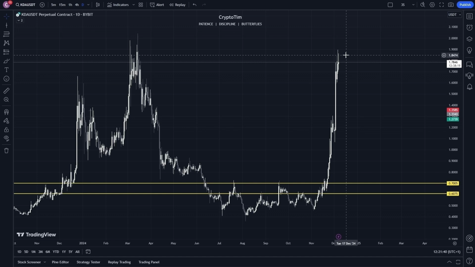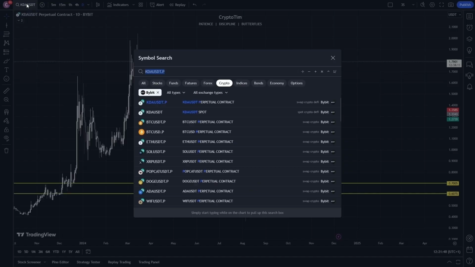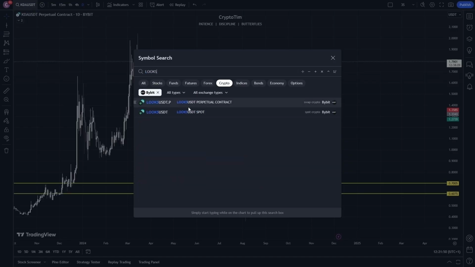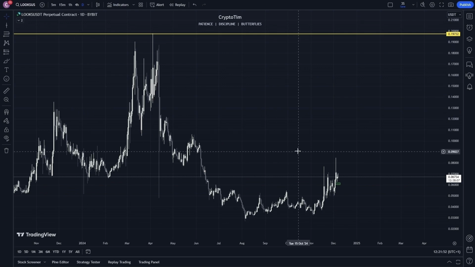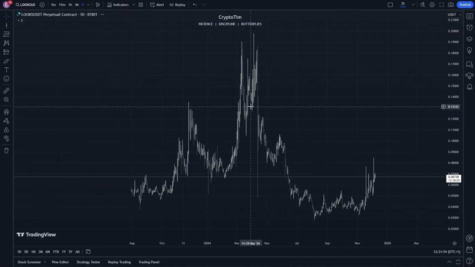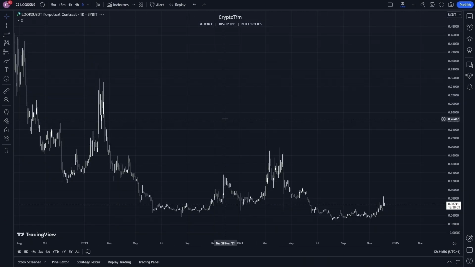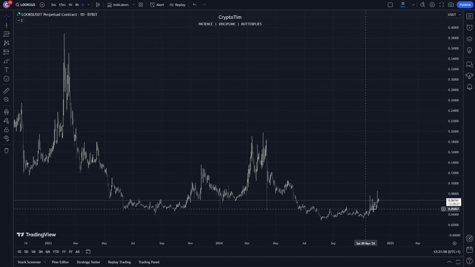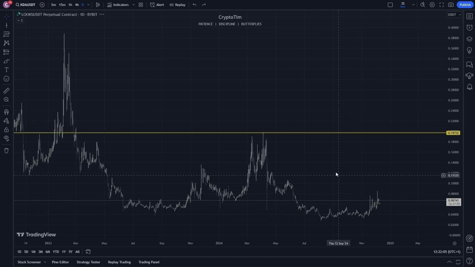So step one is to find a coin that did not have this massive run up yet. For example, on last live stream yesterday, we had a look at Lux. You could see here on the daily chart, it really didn't have this bump up yet. So you're looking for coins similar to that.